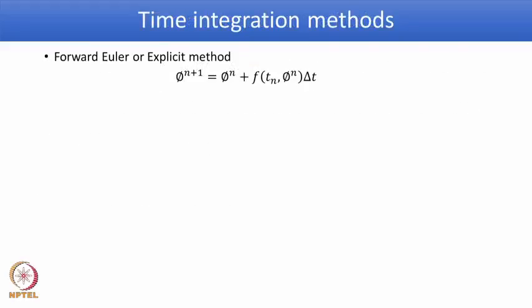So, in the Euler method again you have forward Euler or explicit method, and that is shown here: phi at n plus 1. Here superscript n plus 1 corresponds to time.